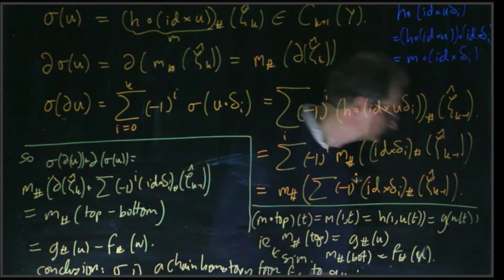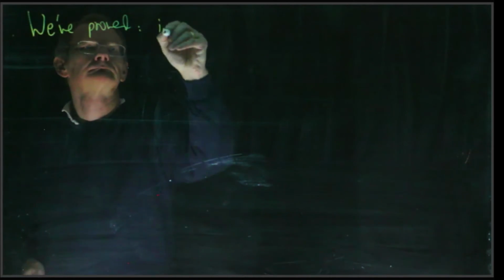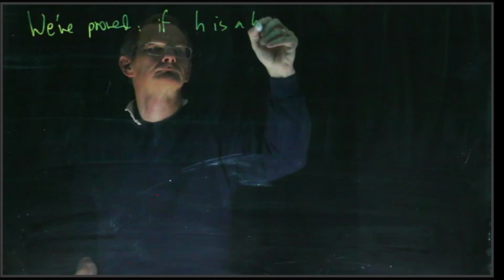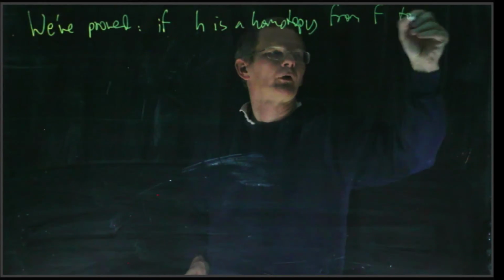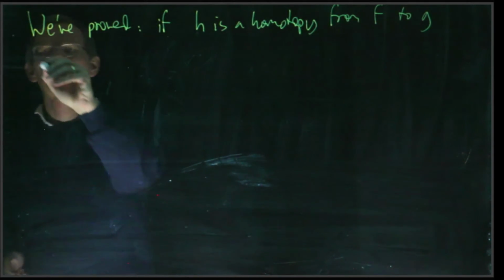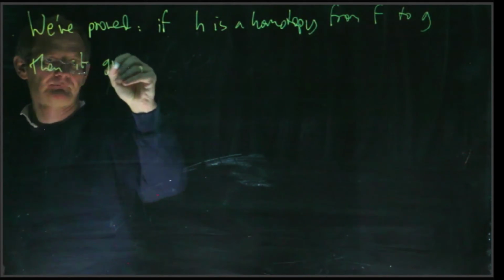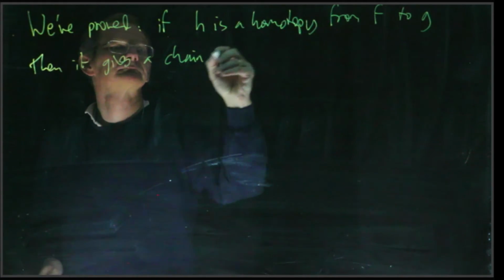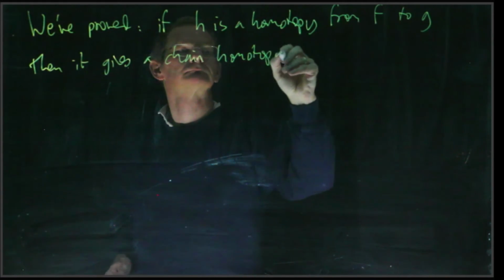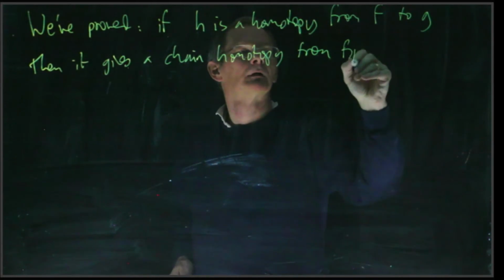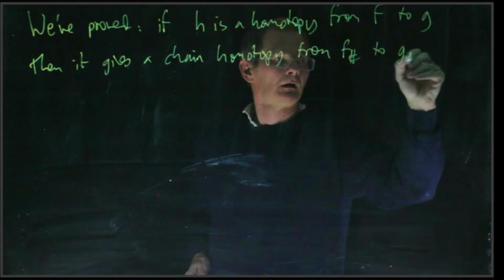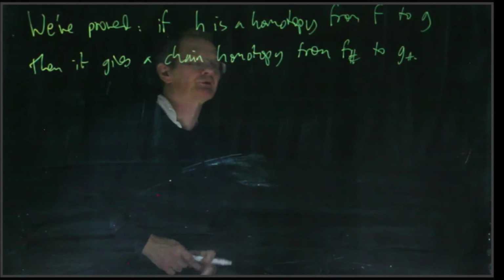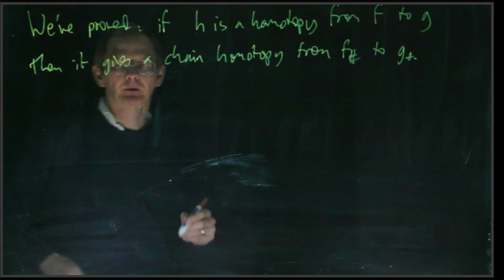Just to restate that, if H is a homotopy from F to G, then it gives a chain homotopy from F hash to G hash, and we proved that if you've got chain maps that are chain homotopic, then they have the same effect in homology.